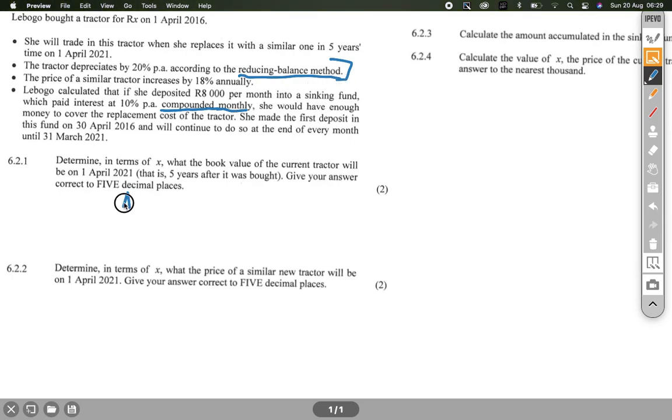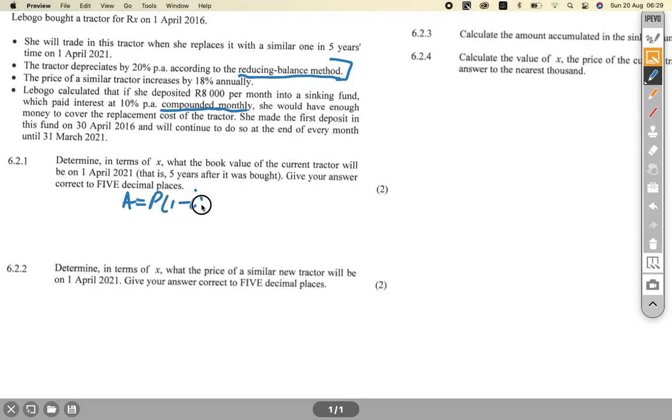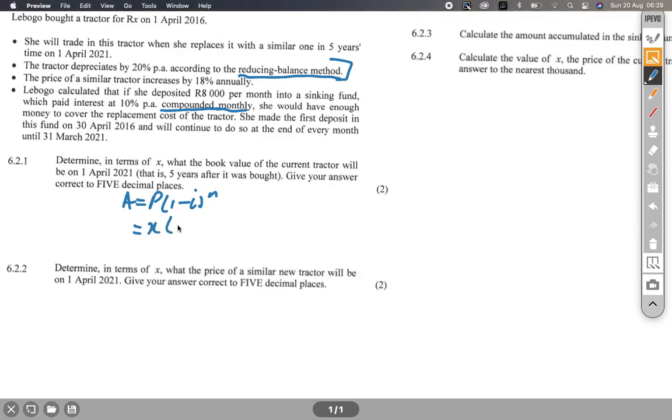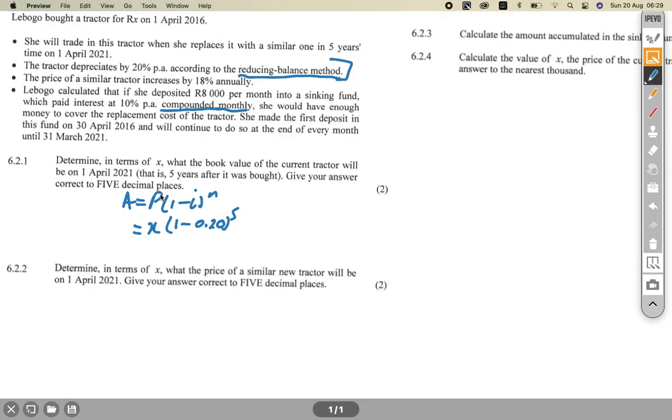So this means we have to use this formula, whereby our P is X, then our interest rate is 0.2, and then they said for 5 years. And then they said round off your answer to 5 decimal places.